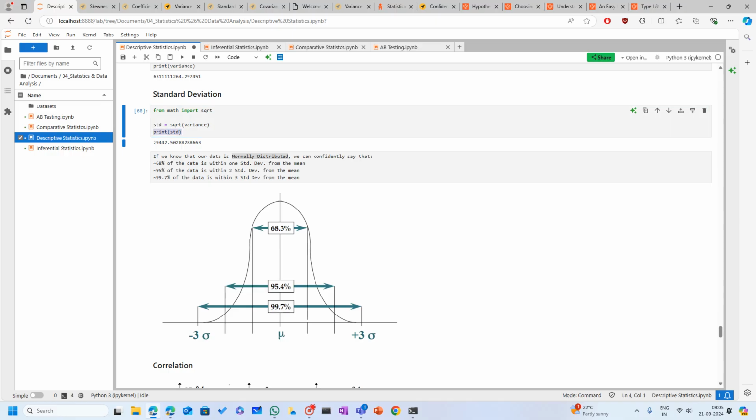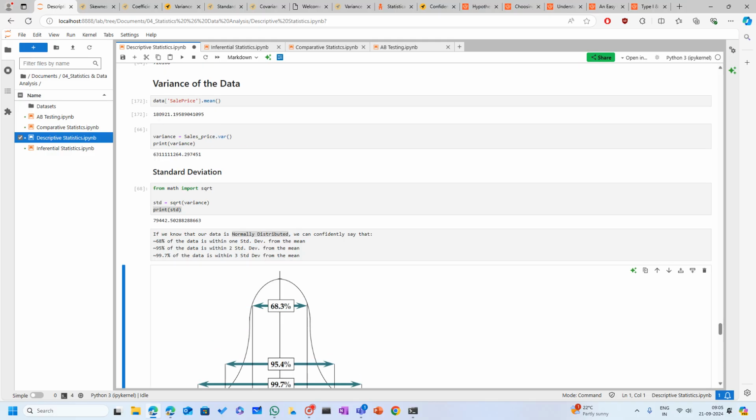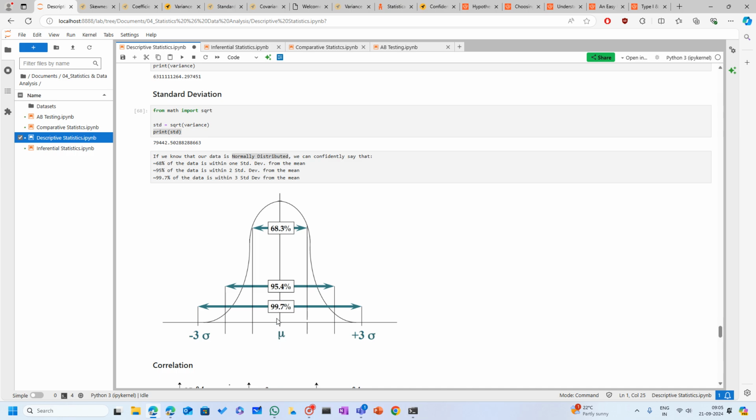That means if my standard deviation is $80,000 and the mean is $180,000, this center point is $180,000, and the difference between this point and this point is $80,000, which is your STD. So if a customer is buying the house by paying extra, say $79,442, he will fall in this bracket, plus one standard deviation.